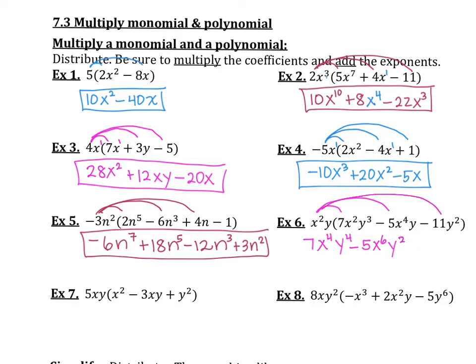For the third term, I'll keep the minus 11 there. For the x's, I have 2 out here, none here, so it'll stay 2. For the y's, I have 1 here, 2 here, so 1 plus 2 will give me 3. Okay, and this is my final answer. Since there was a trinomial in the parentheses, there's a trinomial for my answer.